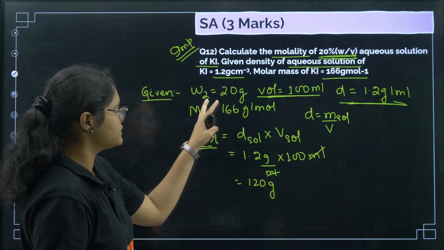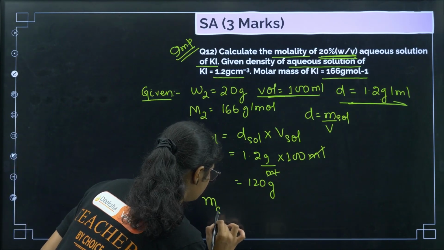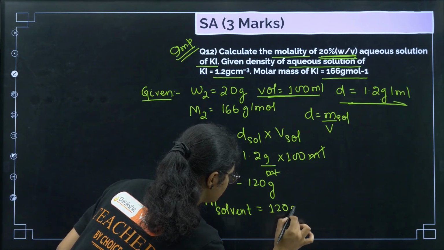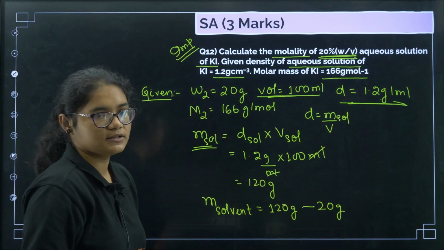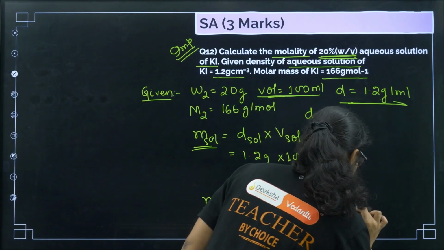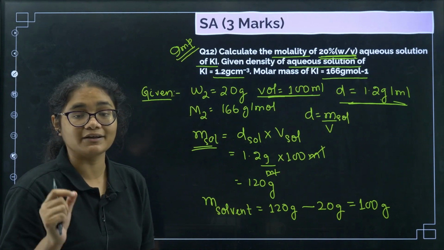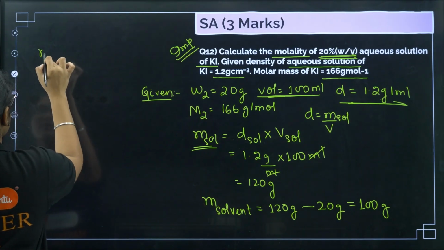In this solution, the mass of the solute is 20 gram. Then the mass of the solvent is equal to 120 gram, the mass of the solution, minus 20 gram, the mass of the solute. If I subtract, I get 100 gram. We got the mass of the solvent, which is required for the formula of molality. Now we'll write the molality formula.